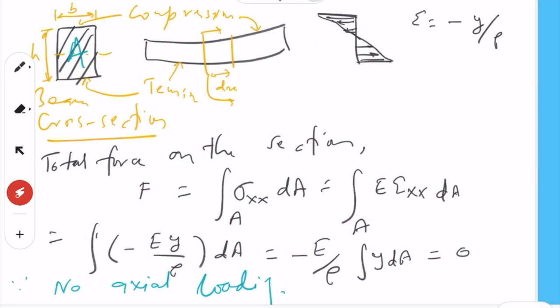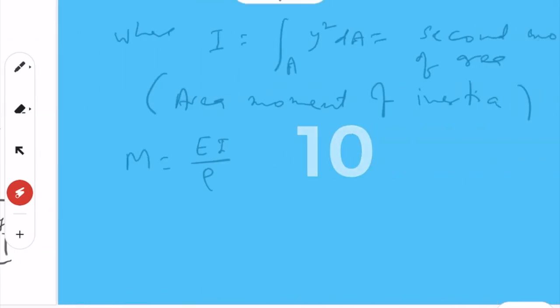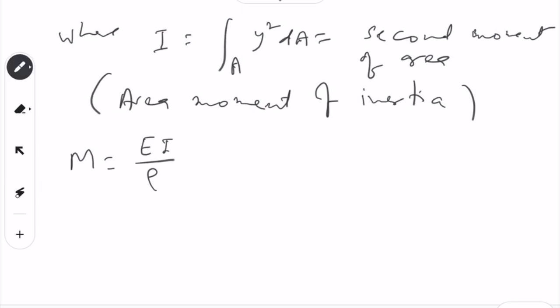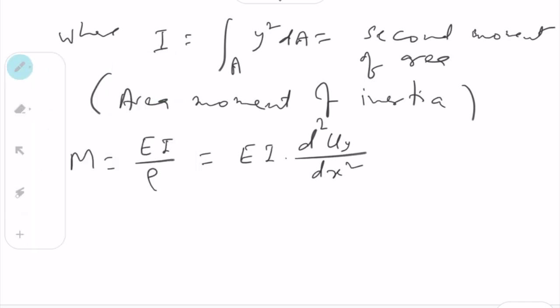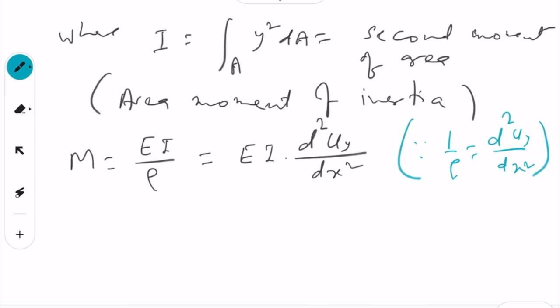So M will be equal to EI times d square uy over dx square, since 1 over rho is equal to d square uy over dx square, and hence we wrote it like this.